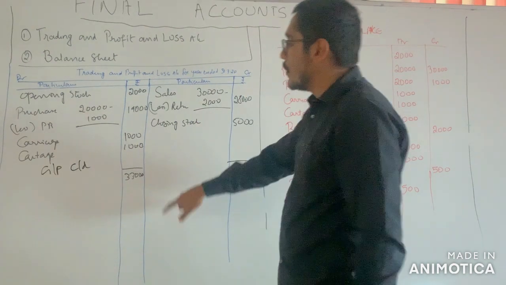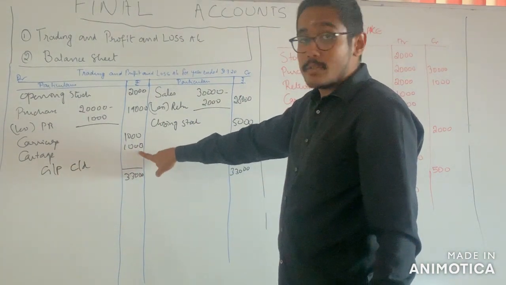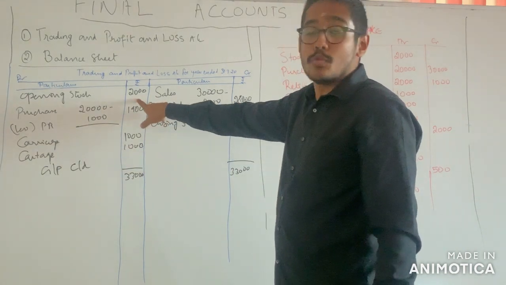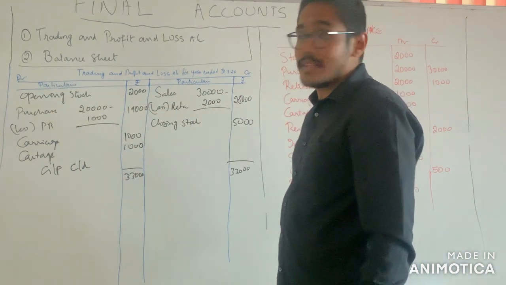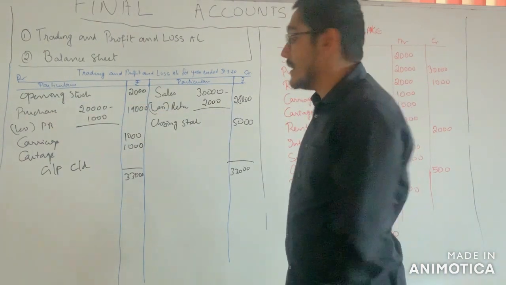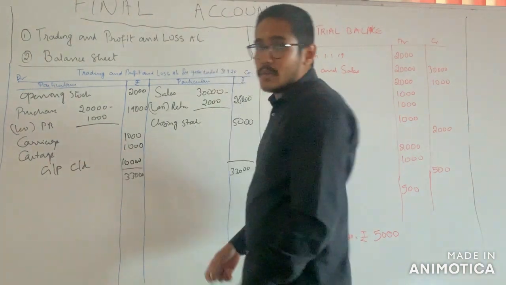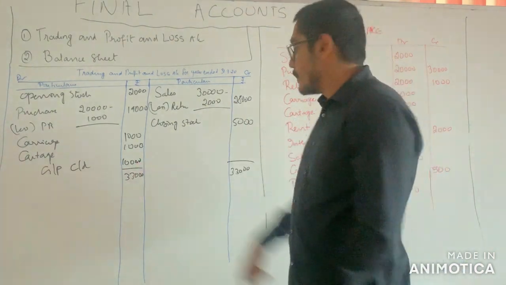So 33 minus 2000, 31,000, and 31 minus 2, 29, 29 minus 19, that is what? 10,000, right? Gross profit is equal to 10,000.